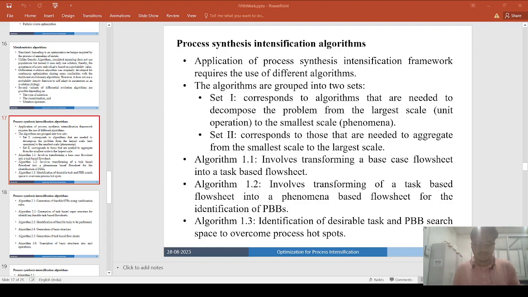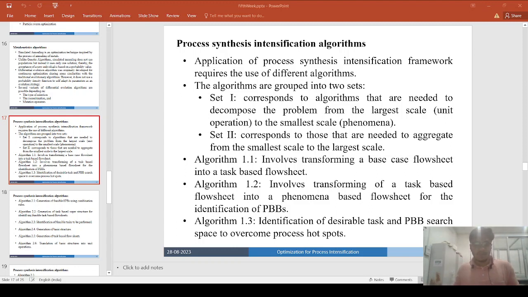Now the first subset of the algorithm 1, sub algorithm 1.1, involves identifying each unit operation, and then finding the corresponding task from the database of unit operation versus task, and then replacing each unit operation by single or multiple tasks that are associated with that given unit operation to obtain a task based flow sheet.